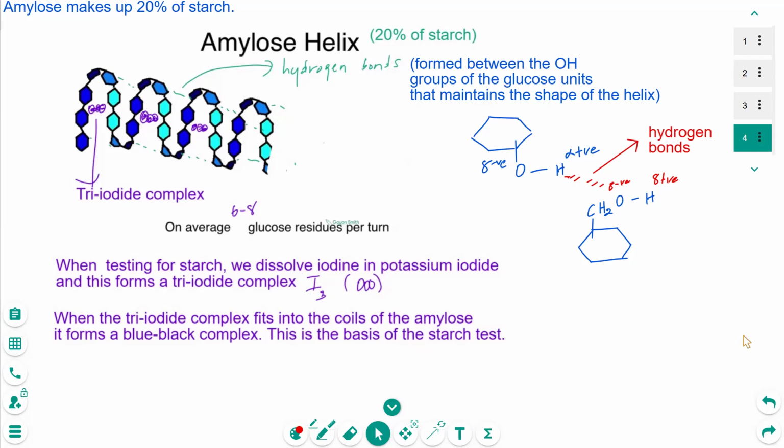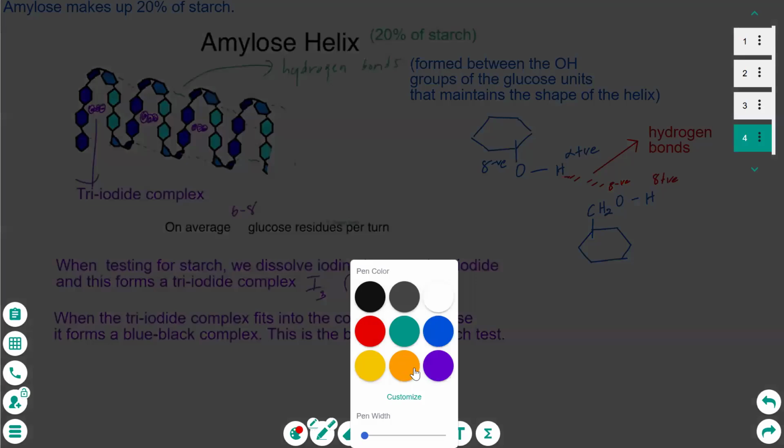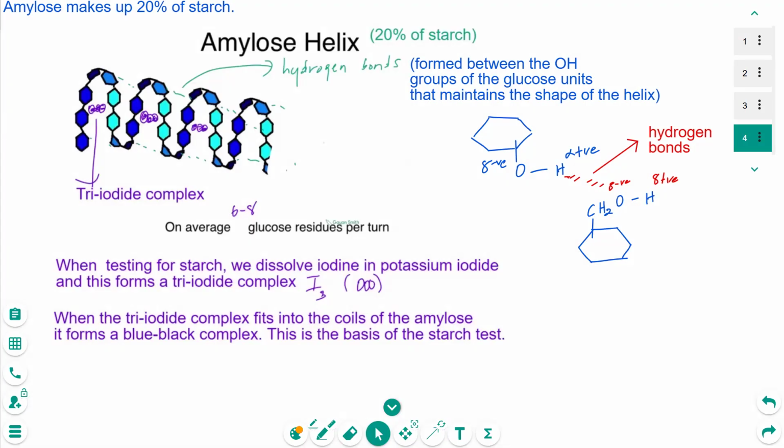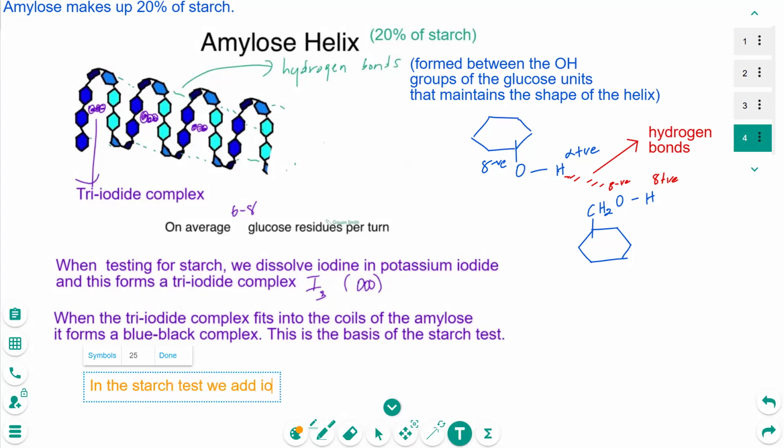So we're saying that in the starch test, I'm going to make a note. In the starch test, we add iodine to a solution of potassium iodide.